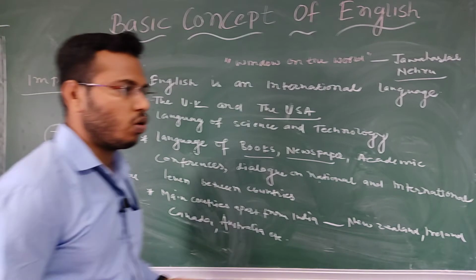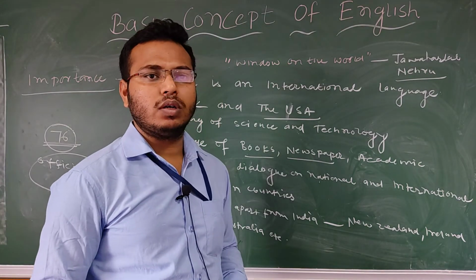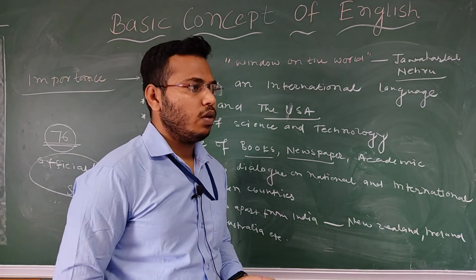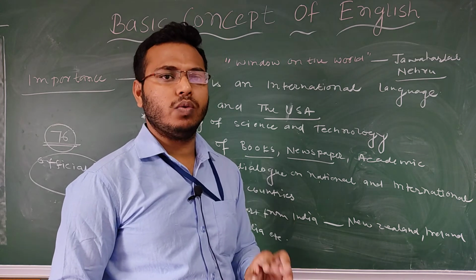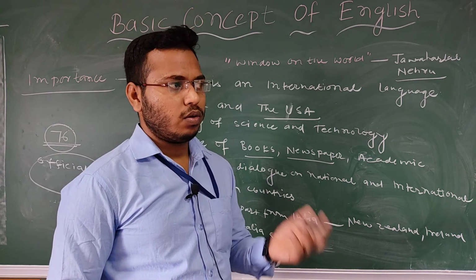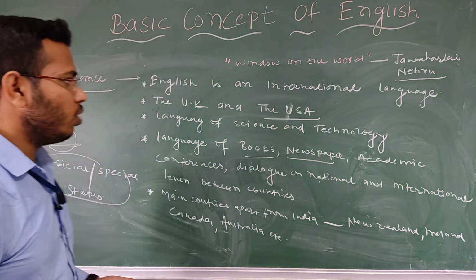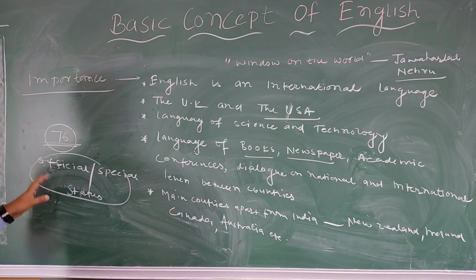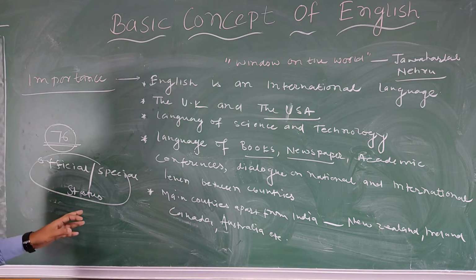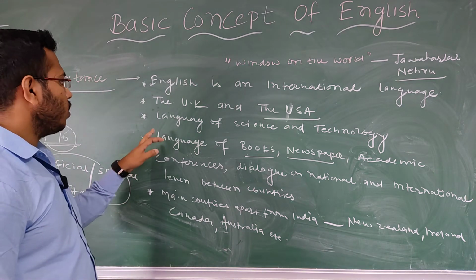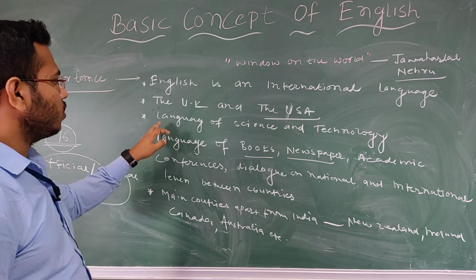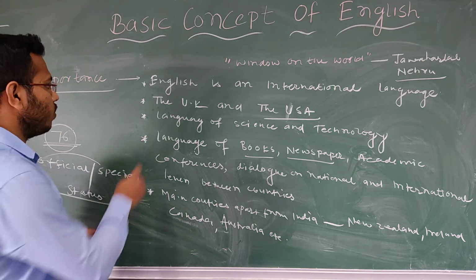Actually, many of the former colonies of the British chose to continue this language after the British left. This happened, and that's the reason we are naming at least 76 countries which have a special or official status in their countries. Third, we have English language. Basically, this is English language.